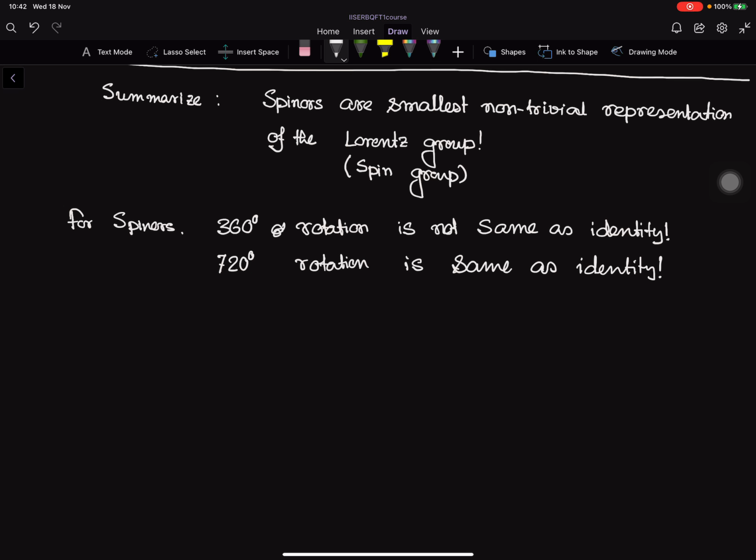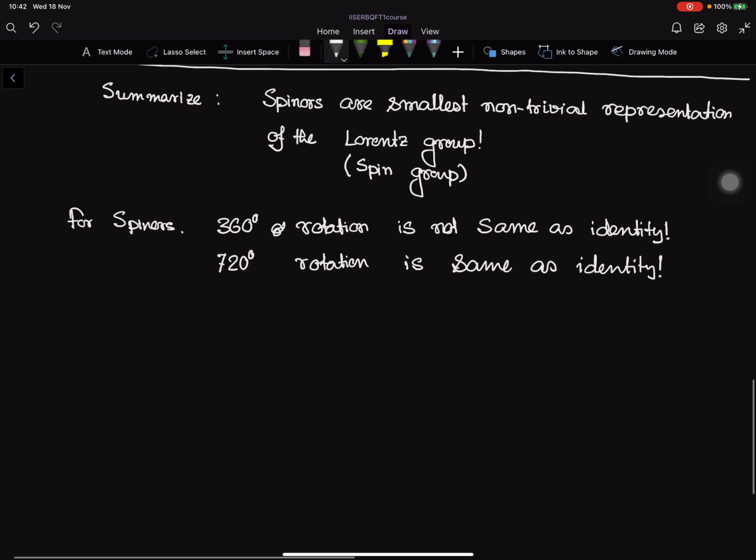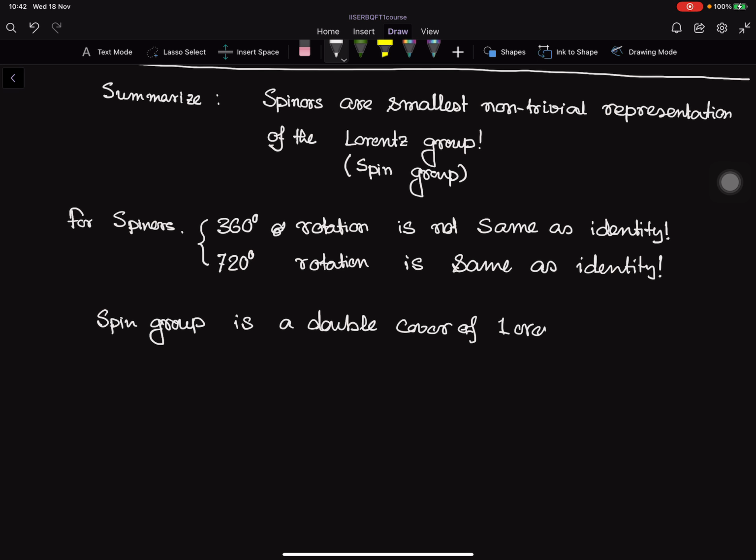Given this, this thing is called the spin group, which is a double cover of the Lorentz group.